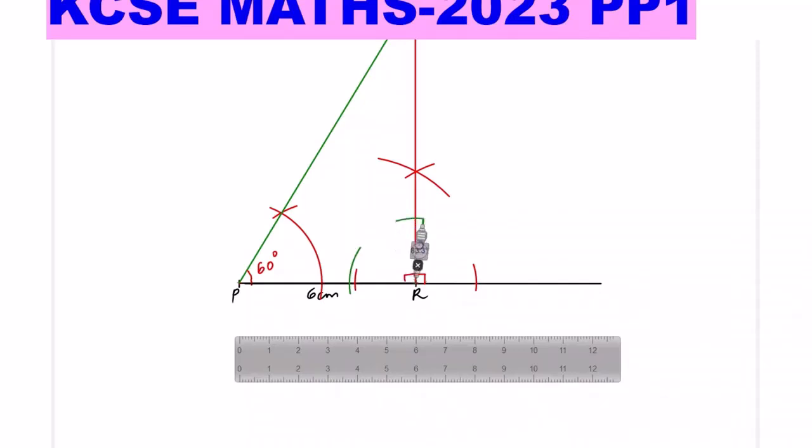Then change your radius, stand on one of the arcs that you've made and mark an arc there. Then with the same radius without changing it, stand there and cut that arc, you're bisecting it. Then using a straight line, join R and the point of intersection of those arcs, like that, and you have bisected that. So now this angle is 45 degrees and this one is 45 degrees.